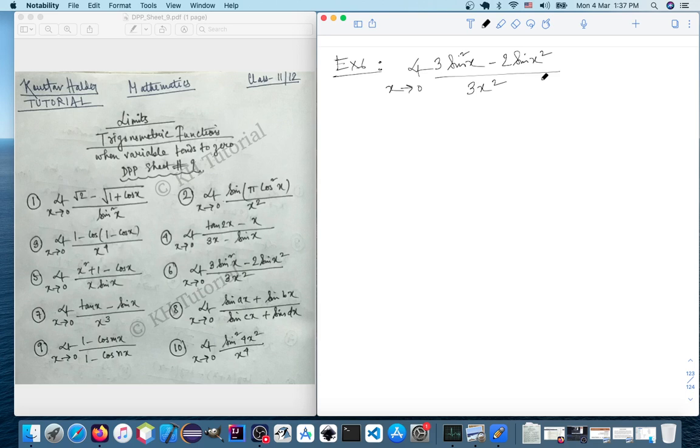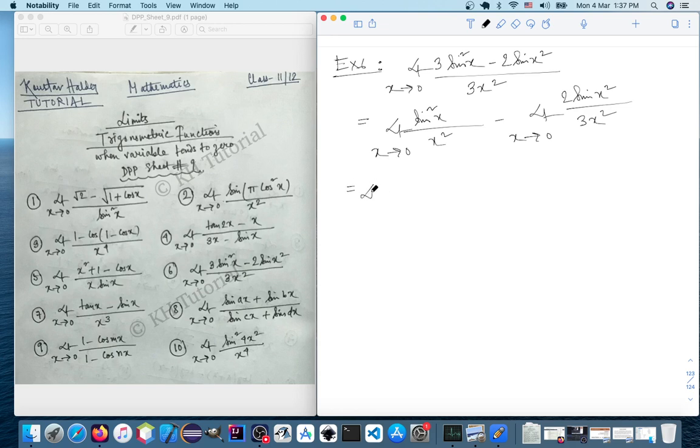This is actually pretty simple, because if we split the terms, we get a direct result of the sin x by x. If we distribute the limit over the two terms, we get, this 3 gets cancelled, sin square x by x square, and minus limit 2 sin square x by 3.